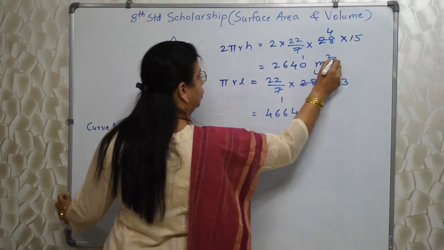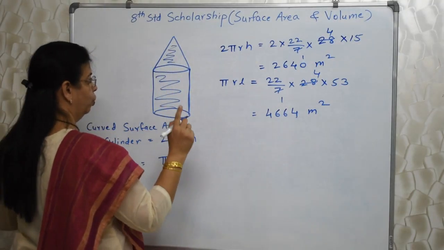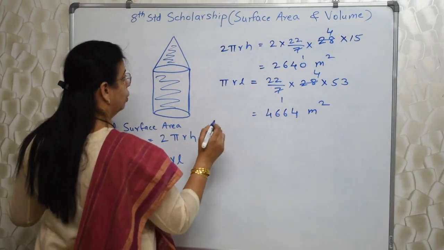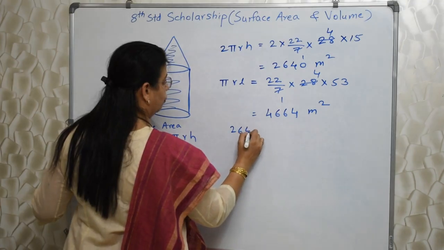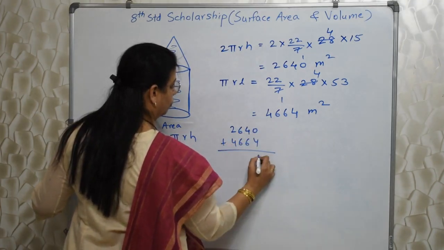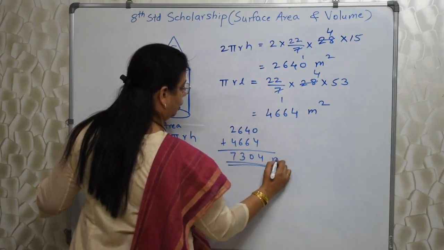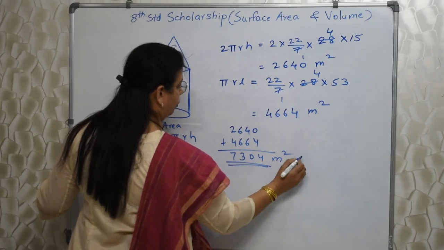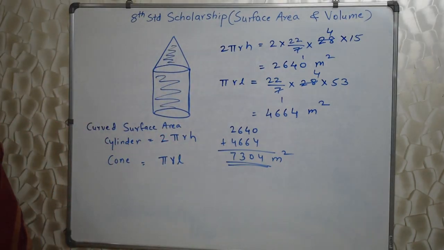So obviously the unit will be in square. It's not volume. Volume is in cube. Area is in square. So how much is the total canvas required? 2640 plus 4664. So how much is it? 7304 meters square canvas will be required.